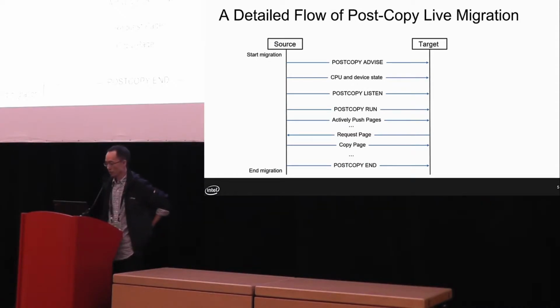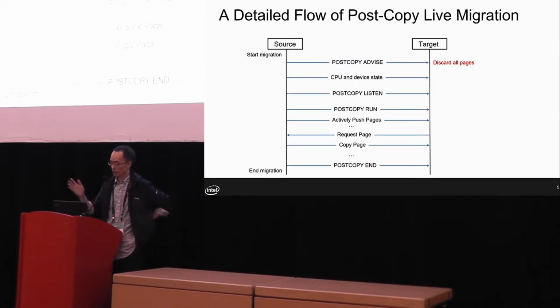So here, look at the detailed flow of today's post-copy migration without a pass-through device. First, the source will send a post-copy advise command to the target. When receiving that command, one relevant action is to discard all the memory on the target side. This makes sure that in the future, when a CPU access happens, it will trigger a page fault to do the pull.